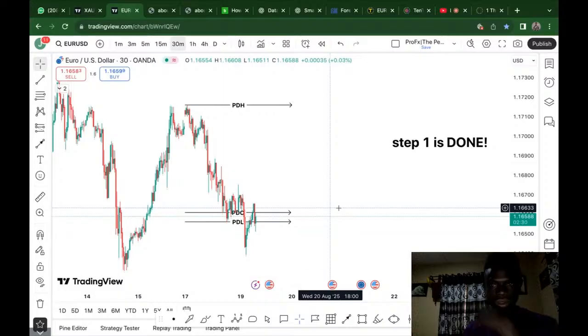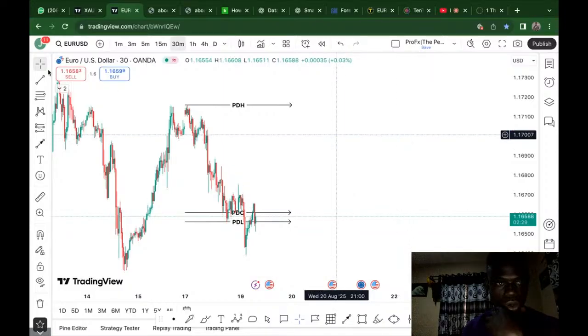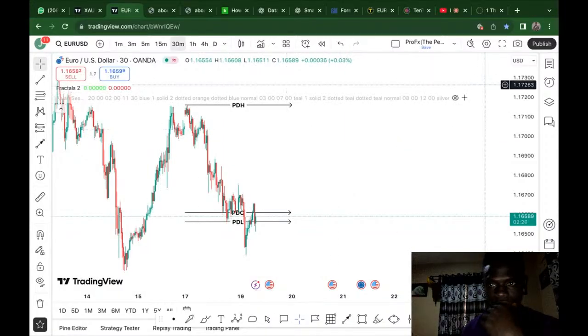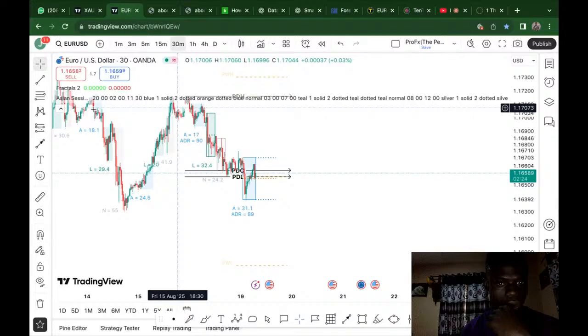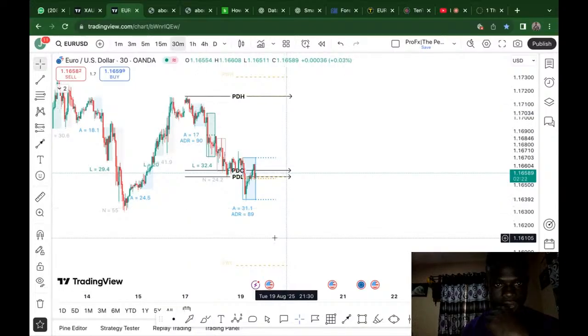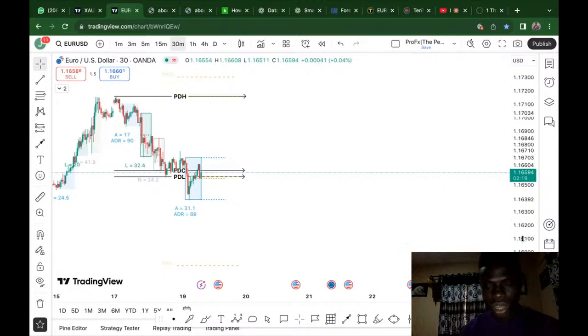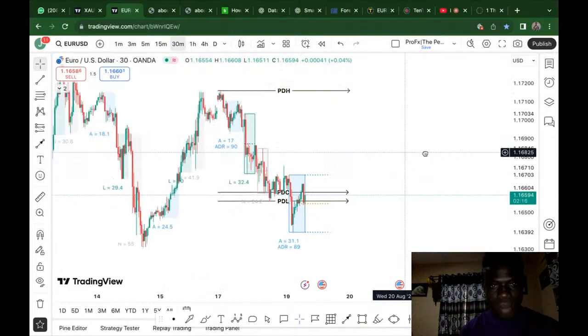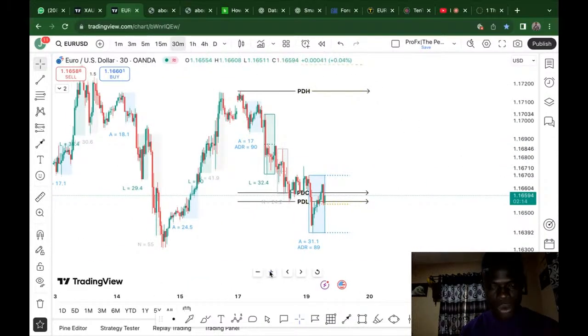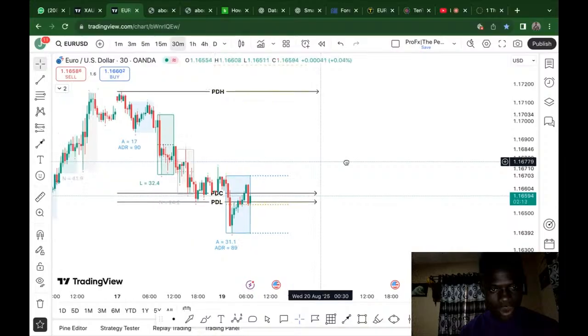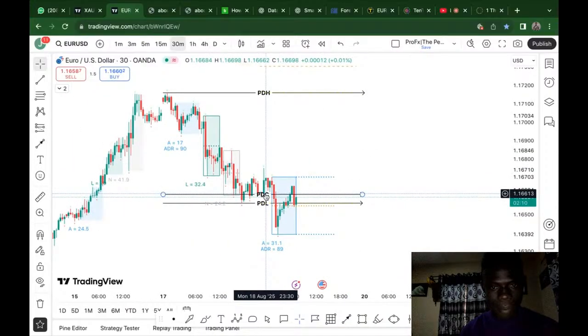All right, so we are in step two. Let me turn on my Asian range. We have seen that Asian has given us its own range. Look at the price action that happened. When the market opened, we started above the previous day close.